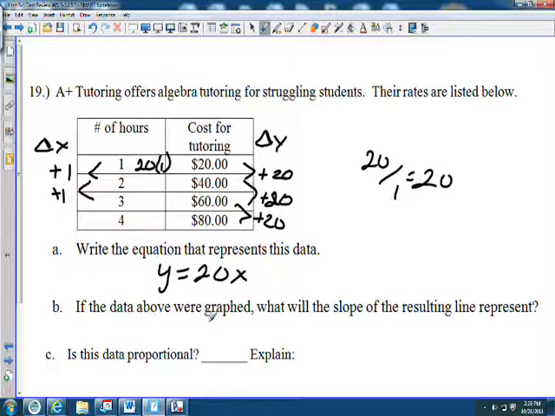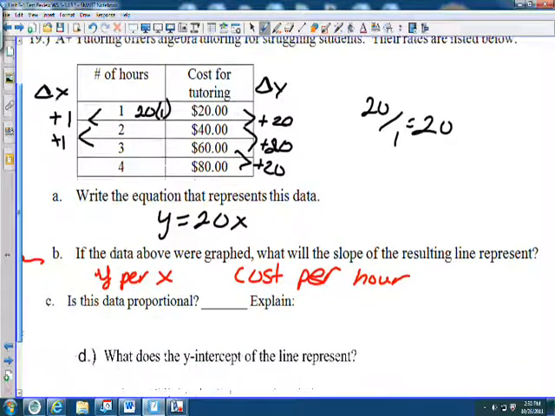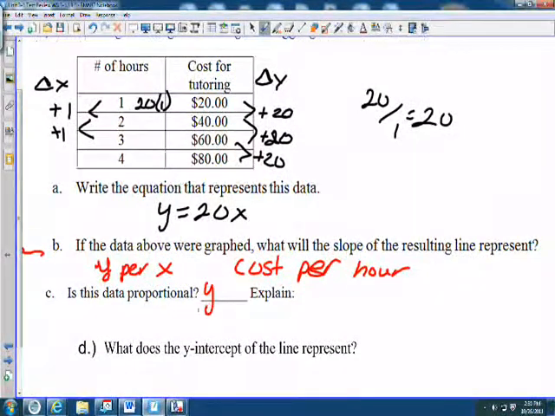If the data were graphed, what will the slope of the line represent? Y per x. Cost per x, and x is the number of hours, so it's cost per hour. Next, is the data proportional? Yes, because the constant is 0.